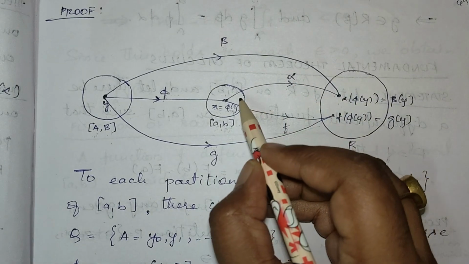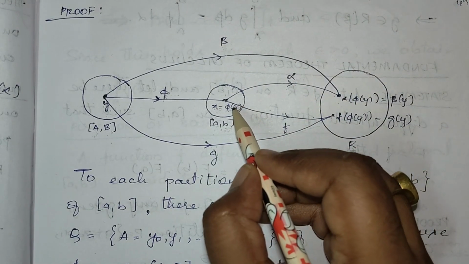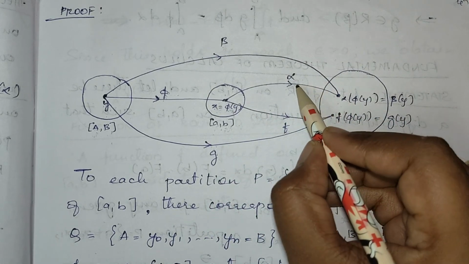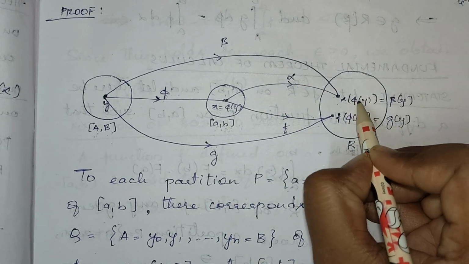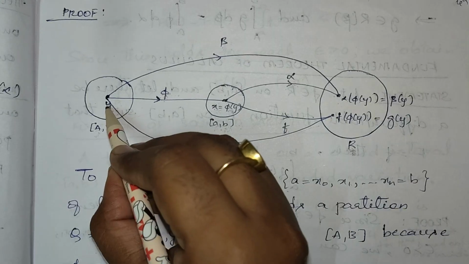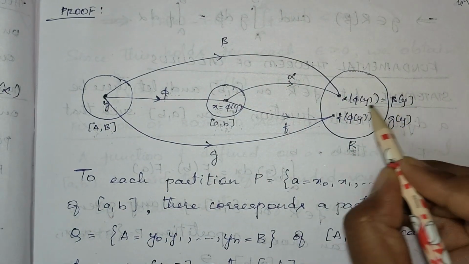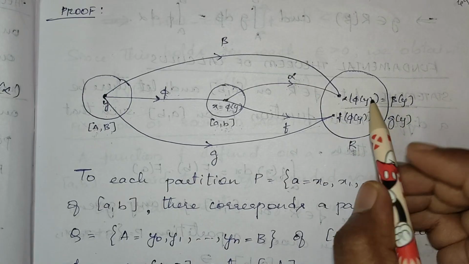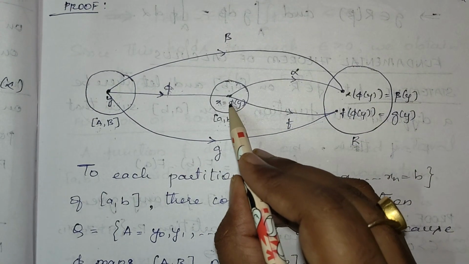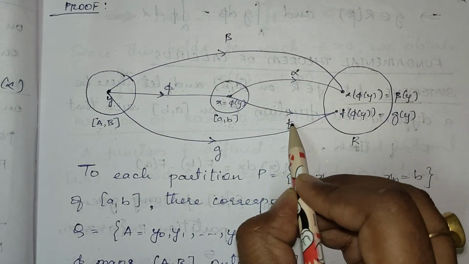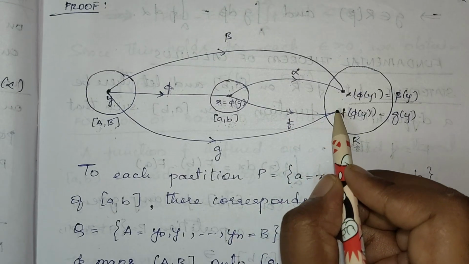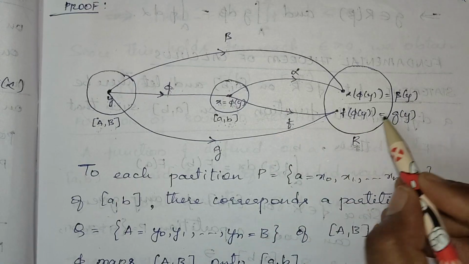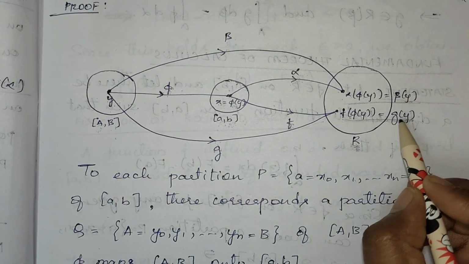I will once again repeat: the image of phi of y under alpha is the same as the image of y under beta. So this is what they have defined, and they have also defined that the image of phi of y under the function f is the same as the image of y under the function g. So this is also given in the theorem.